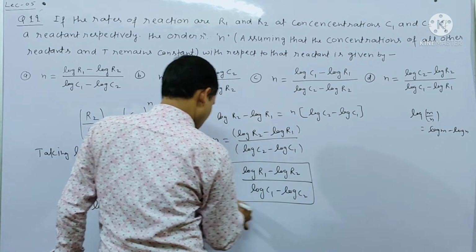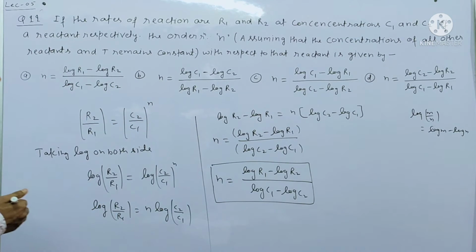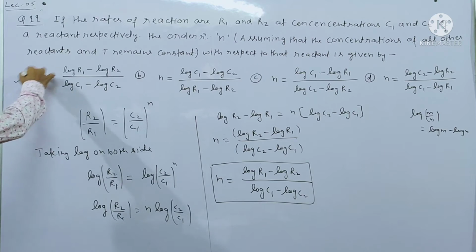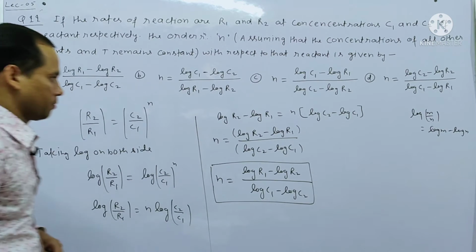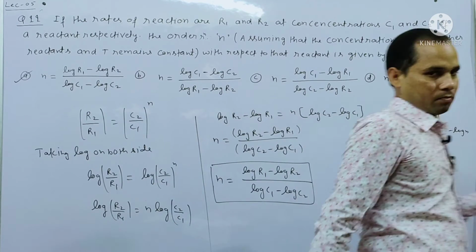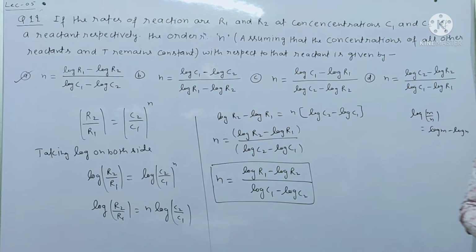Now I think you can see this result matches option number A. So option A is the correct answer. I hope you understand, and you can take a screenshot of the solution.